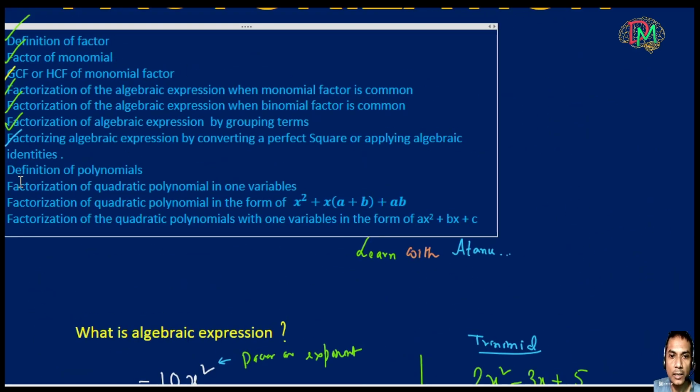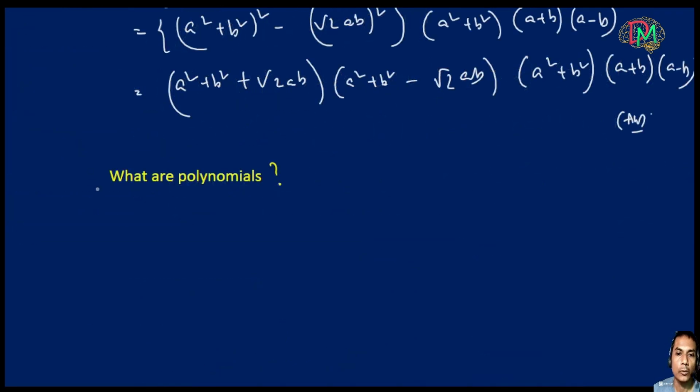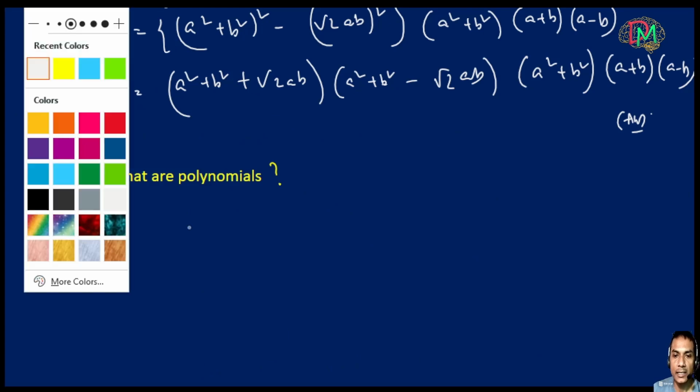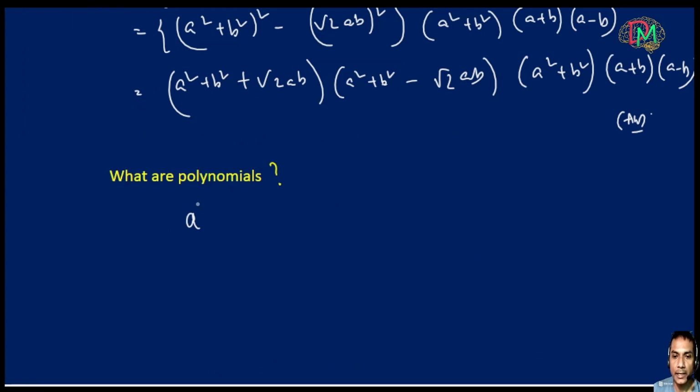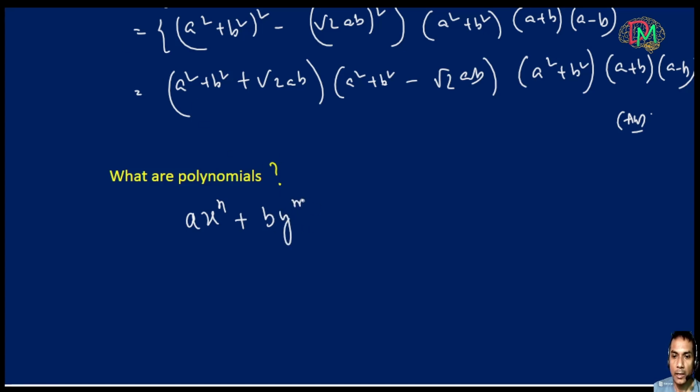Next we learn the definition of the polynomials. So what is a polynomial? Let's write the general expression. For example, ax to the power n plus by to the power m plus c. So polynomial means multiple terms.